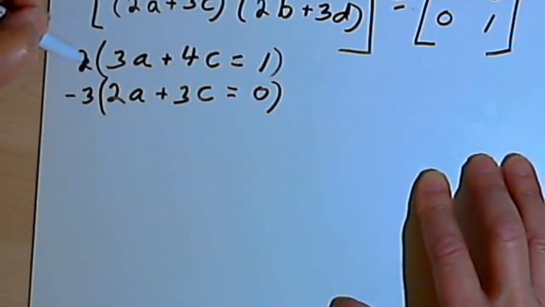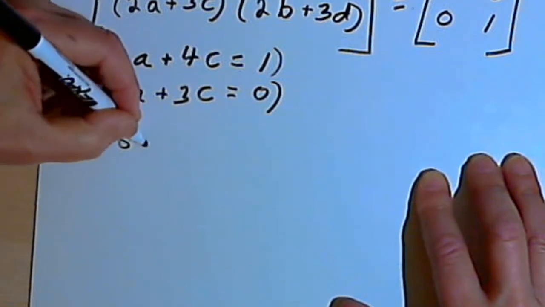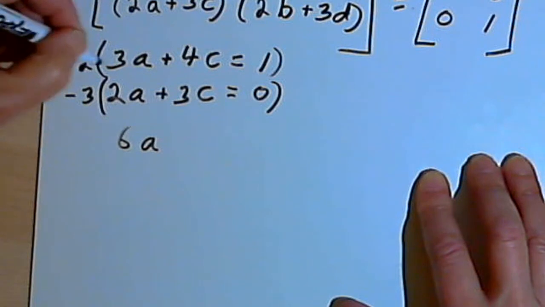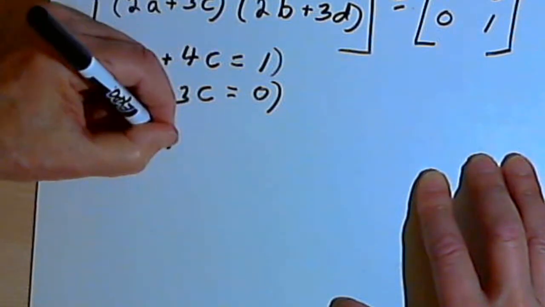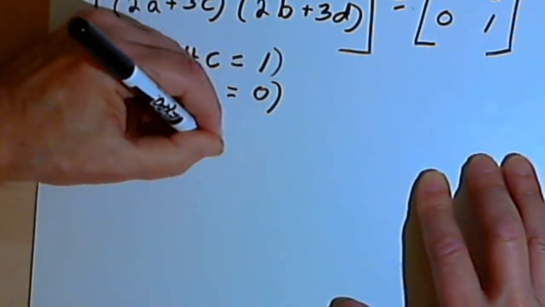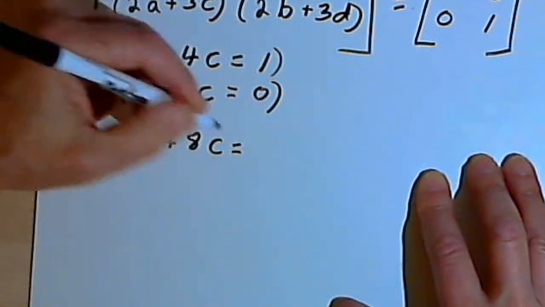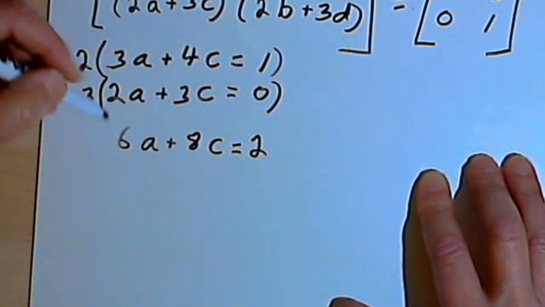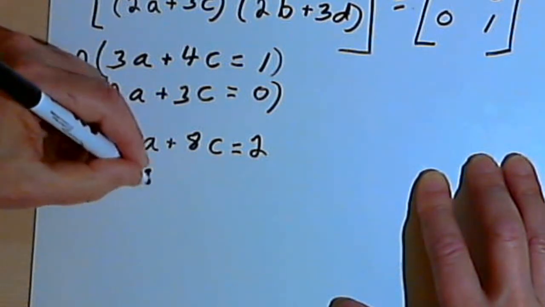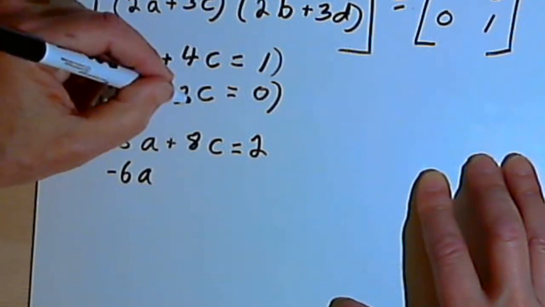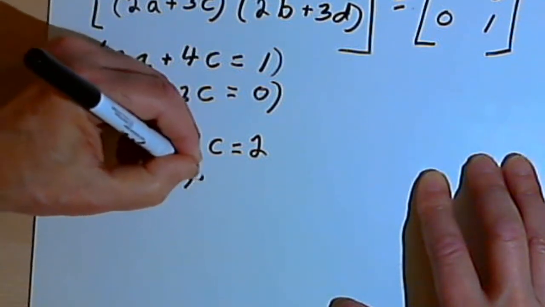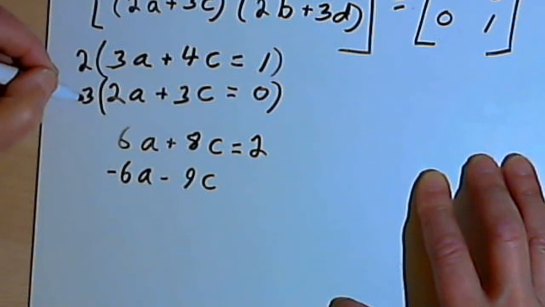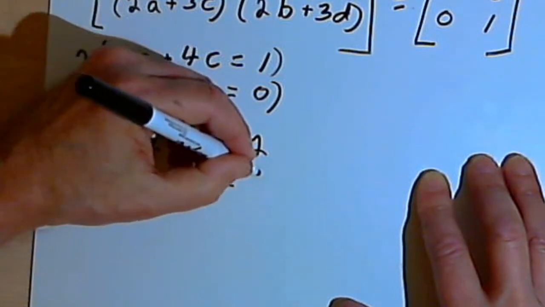Multiplying those out, I'll get 2 times 3A is 6A, plus 2 times 4C is 8C, and that's going to equal 2 times 1, or 2. Then for the second equation, -3 times 2A is -6A, -3 times 3C is -9C, and -3 times 0 is just 0.